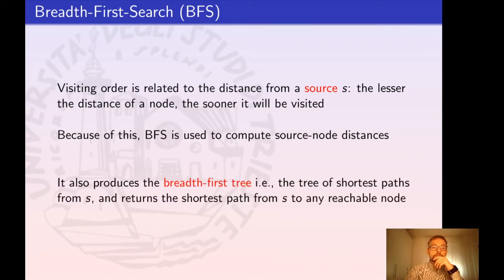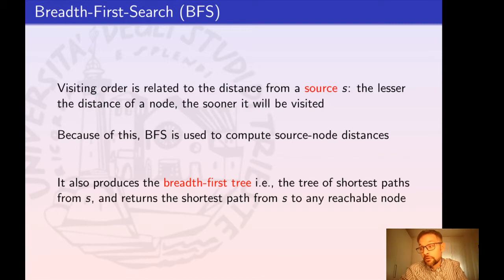Another important thing produced by using BFS is the so-called breadth first tree, which is the tree of the shortest paths from S. So by using BFS, we will be able to compute the shortest path on a directed or undirected graph from the source to any node of the graph.